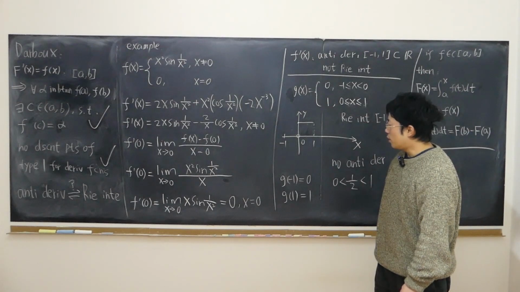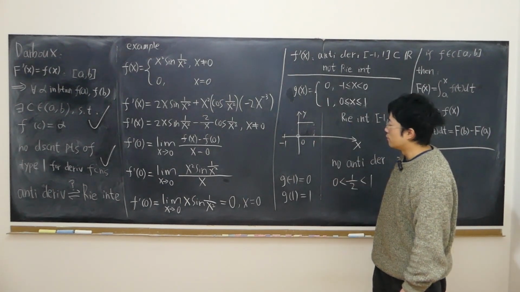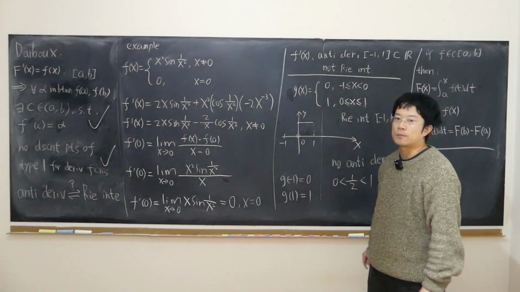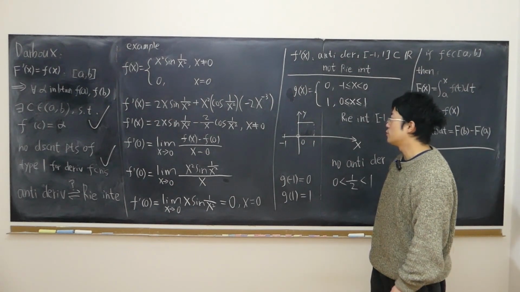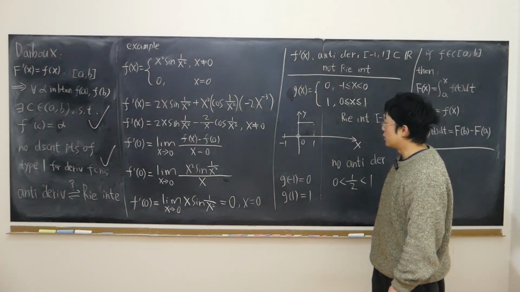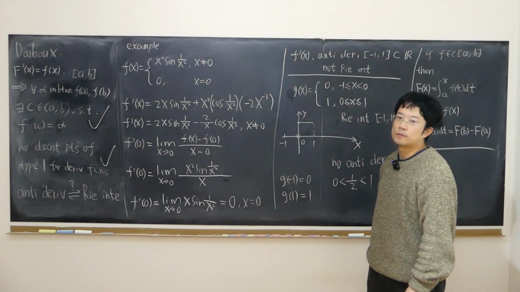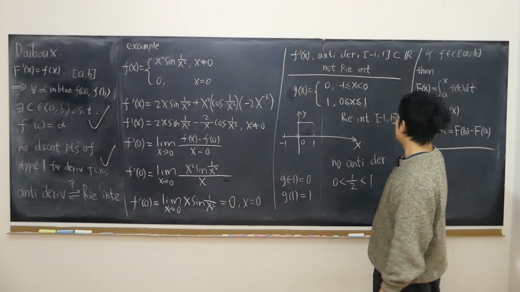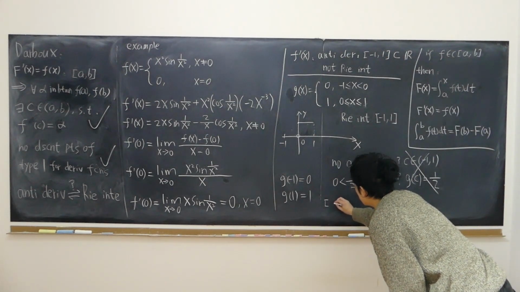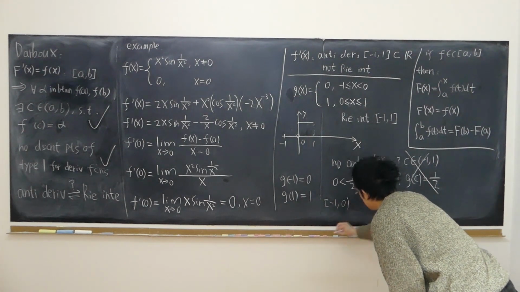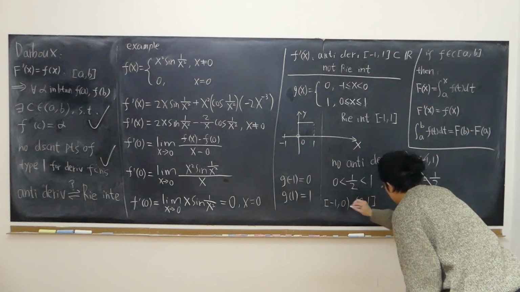You see, the problem that's causing this function to not have antiderivative is the point 0. That's the problematic point, because there is a sudden jump. In other words, this function g does have antiderivative over its subintervals, for example, from -1 to 0 excluding 0, and 0 to 1 excluding 0.